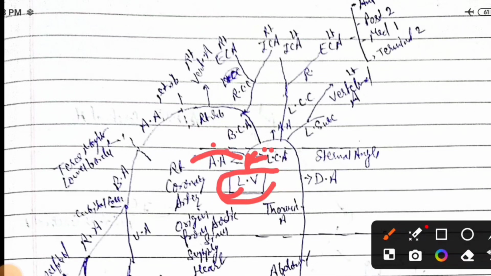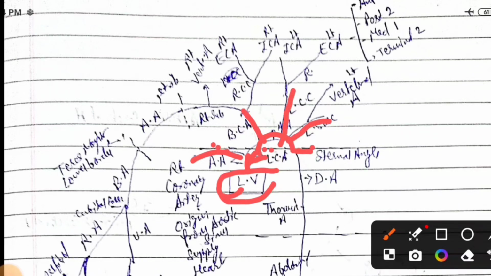Here is the sternum notch, which I explain like dots. After that, there is the arch of aorta. From the arch of aorta, three branches arise: the brachiocephalic artery, the left common carotid artery and the left subclavian artery.